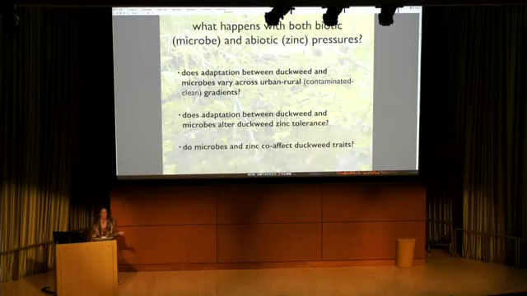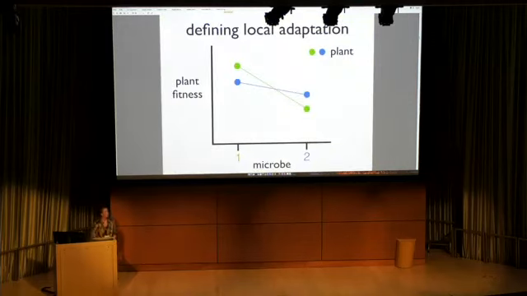So do we see alteration in the tolerance of contaminants when there is local adaptation? And then finally, sum up with how these different microbes and how zinc contamination might be together or separately affecting duckweed traits.